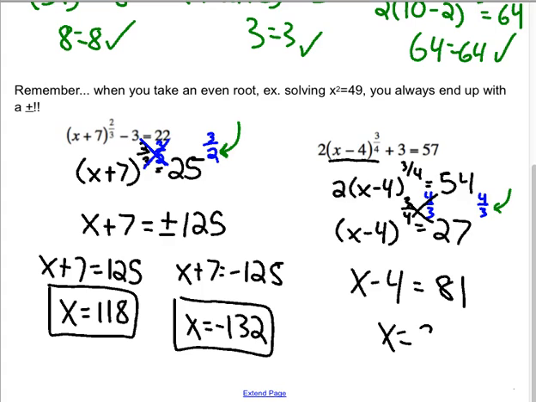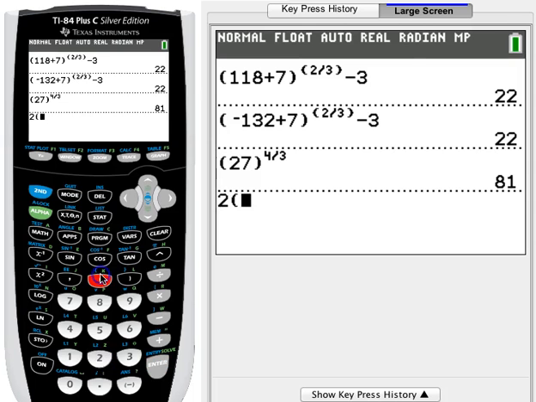Add 4, and we get 85. And then again, always a good idea to go back and let's check that that actually worked. So I plug in 85.